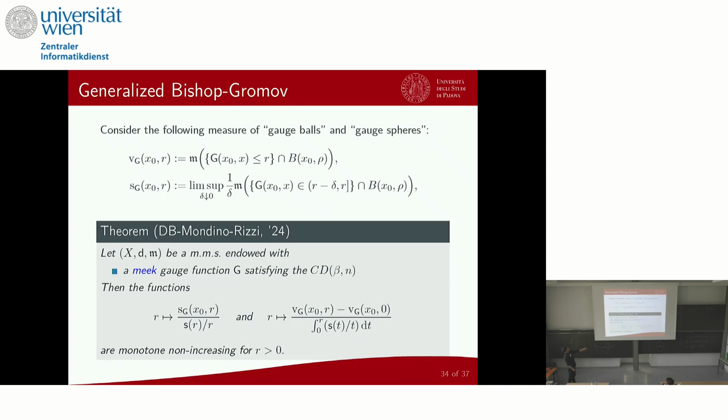So you look where the gauge is less than R within the ball of radius rho, any rho, you can say rho equal to 1, for instance, and the corresponding spherical function. And if you have the compatibility, so here you see the role of the compatibility between the gauge and the distance, and the CD beta n condition, you have the monotone non-increasing property for the corresponding function.